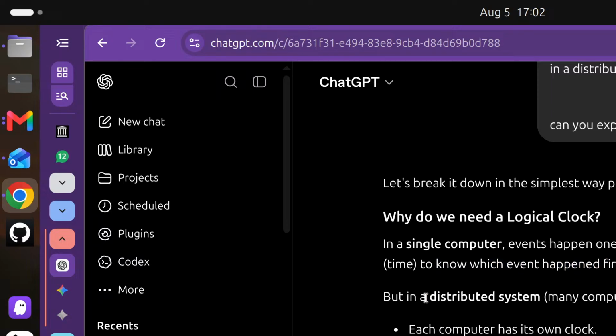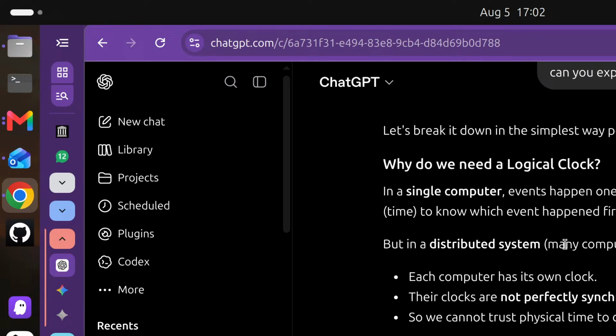But in a distributed system, many computers are connected over a network. Each computer has its own clock. Their clocks are not perfectly synchronized. That's true. And so we cannot trust physical time to decide the order of events.